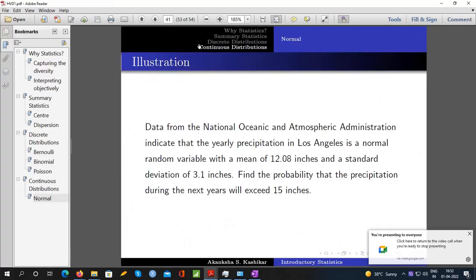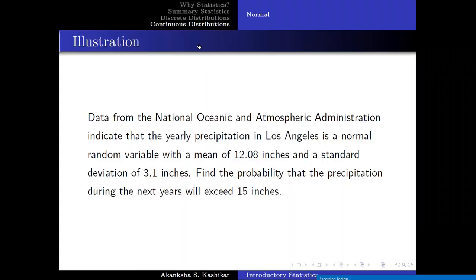Let me show. Data from the National Oceanic and Atmospheric Administration indicate that yearly precipitation in Los Angeles is a normal random variable with mean 12.08 inches and a standard deviation of 3.1 inches. We have to find the probability that the precipitation during the next year will exceed 15 inches.